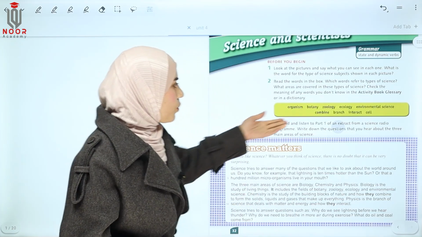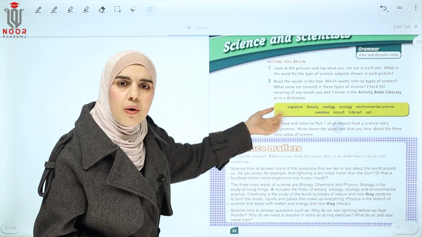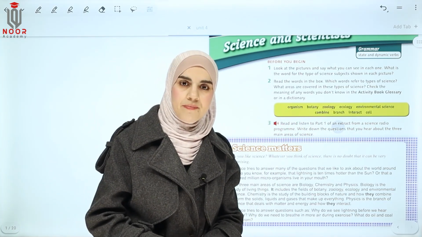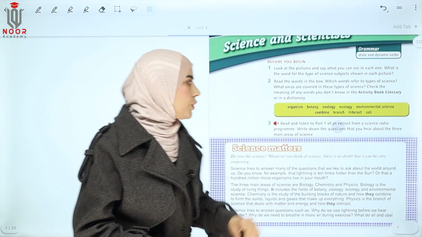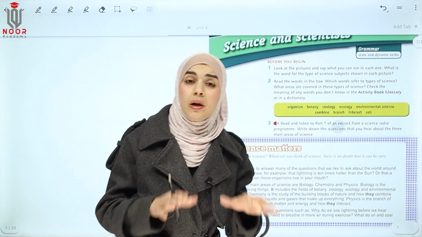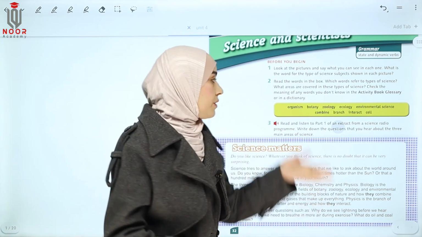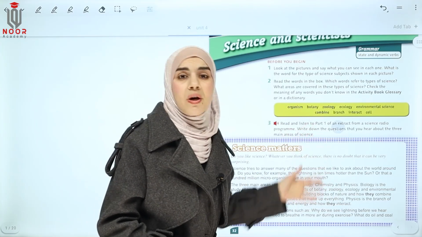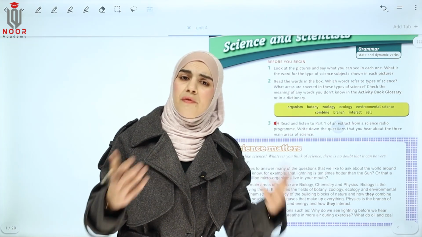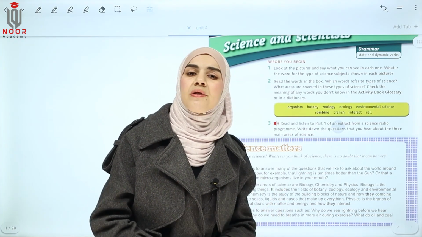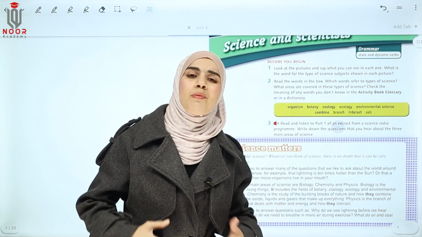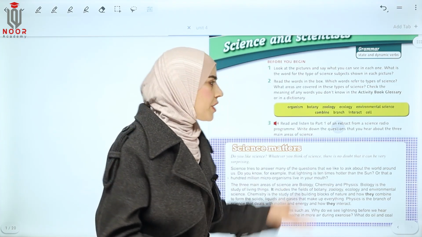Now here, we have the yellow boxes in our module. This is very necessary because you should focus on the main words here in our module. We will, inshallah, cover these words and focus on them, also covering their different parts of speech, how to deal with them, and how to write meaningful sentences for each one.